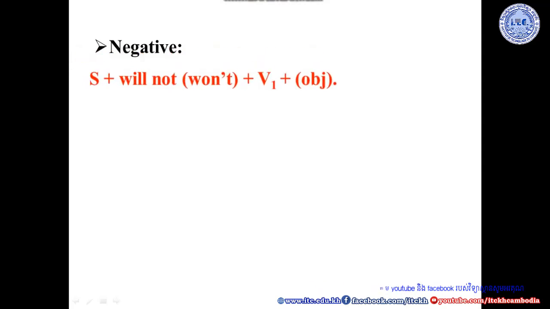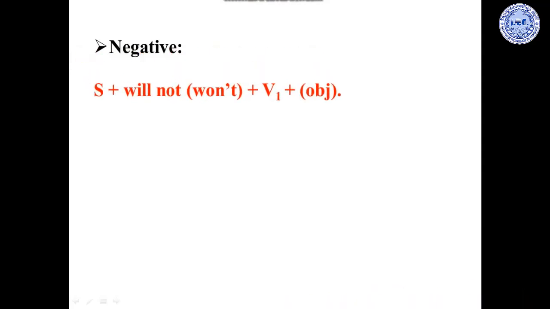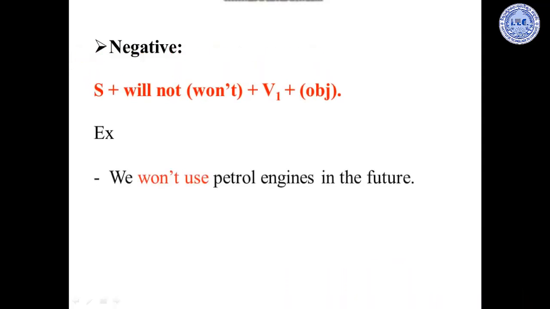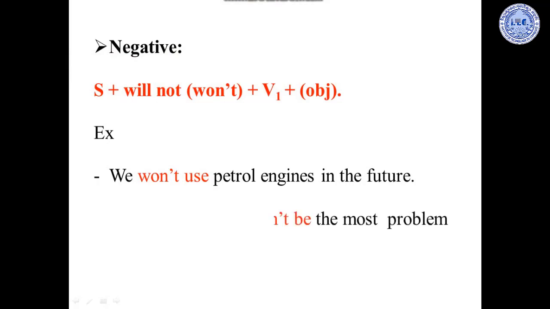For the negative form, we just use will not, or the short form won't. Let's see the example. We won't use petrol engines in the future. Another example: traffic congestion won't be the biggest problem in the future.